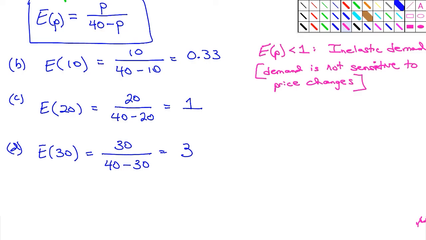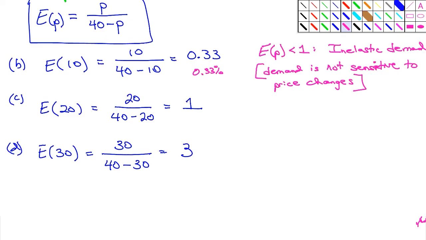Basically, when there is a 1% increase in price, there is only a 0.33% decrease in demand. So the percent decrease in demand doesn't quite correspond to the magnitude of the price increase of 1%. There's very little demand decrease. So that means the demand is not overly sensitive to the price change at that point.